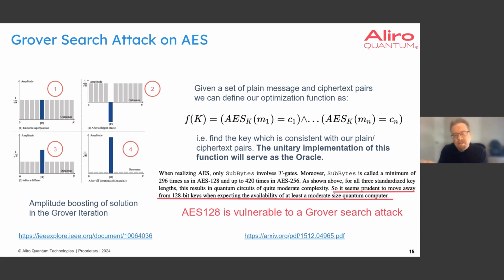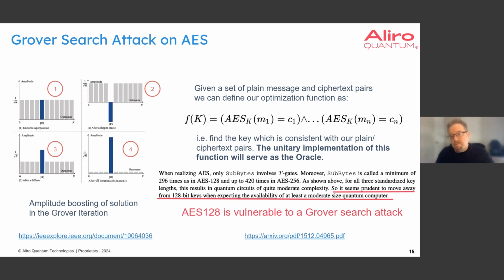If we have a set of clear text, ciphertext pairs, so M1 would be a clear text message and C1 would be the corresponding ciphertext, we can create a sort of Boolean satisfiability function, where if the AES using our key, you could think of the key almost as a parameter here, produces the right ciphertext for each of the pairs that we have, and the caret symbol is AND, so it must be true for all of them, then we know that we have the right key.